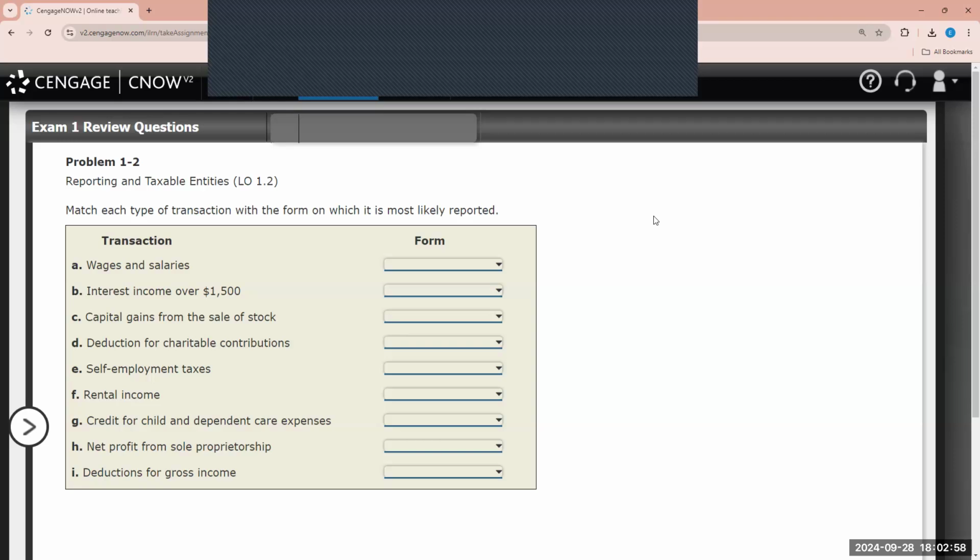As we've discussed previously, there are two tax-paying entities, individuals and corporations, and then we have what's called pass-through entities, and that is sole proprietorship, partnership, and S corporation. Those entities do not necessarily file tax returns themselves, but they pass through the income onto the individuals or the corporation.